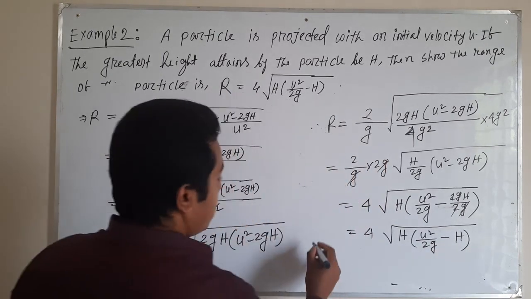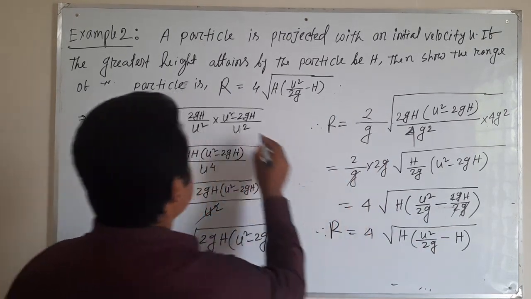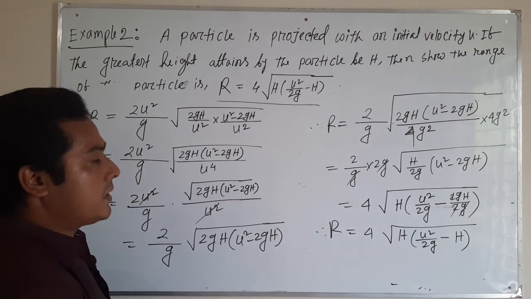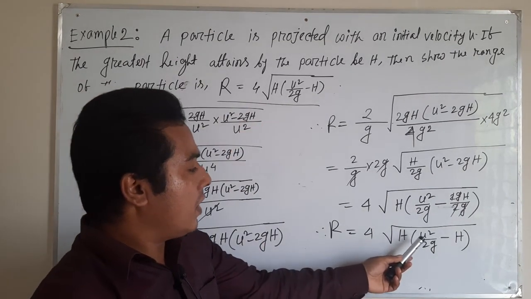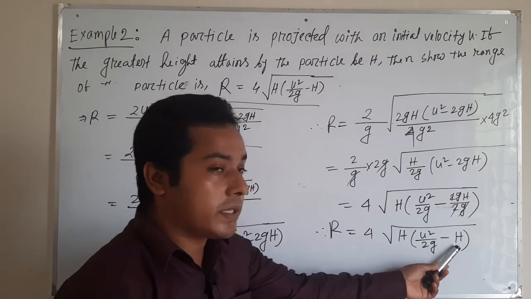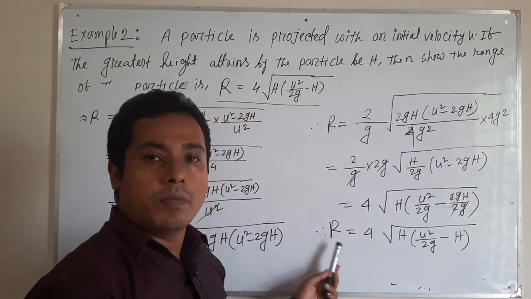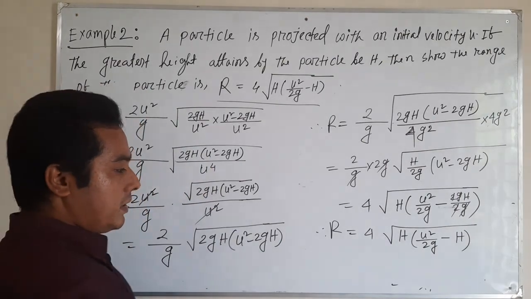So therefore r is equal to this, here r is equal to also same. R is equal to 4 into root over h into u square divided by 2g minus h. This is about the value of horizontal range. Okay.